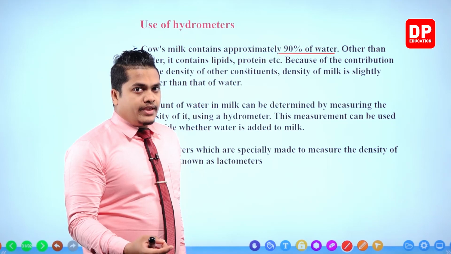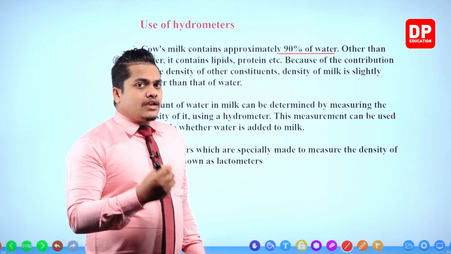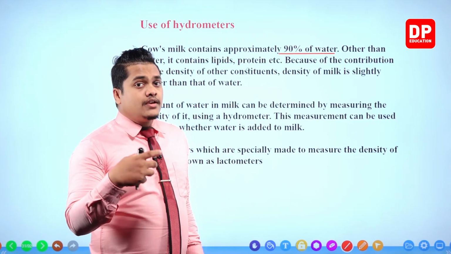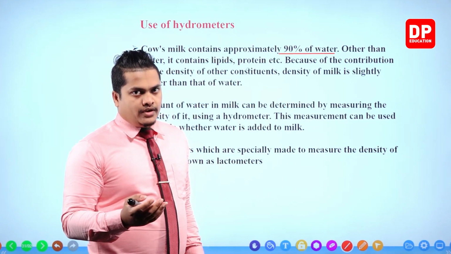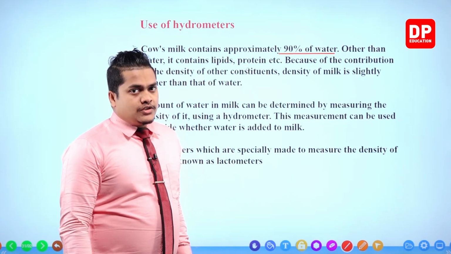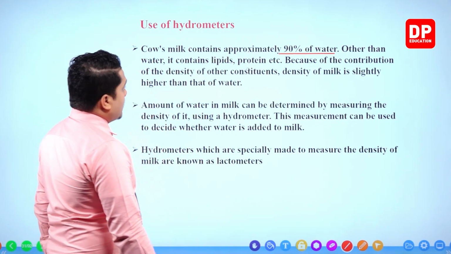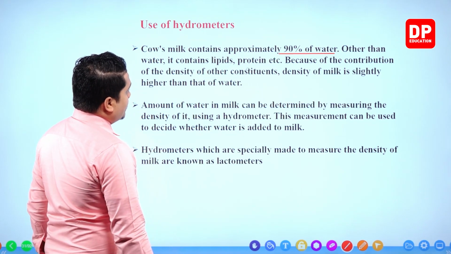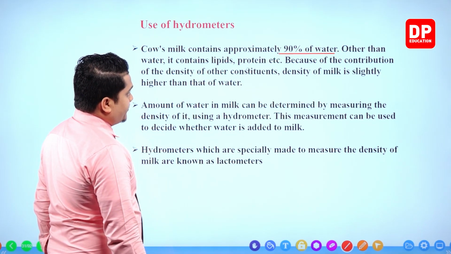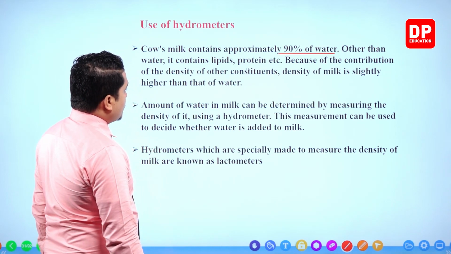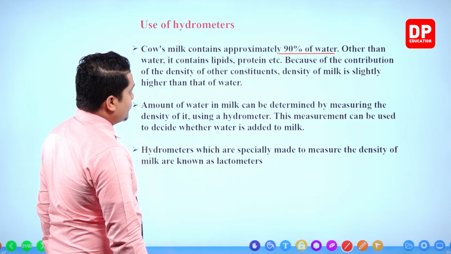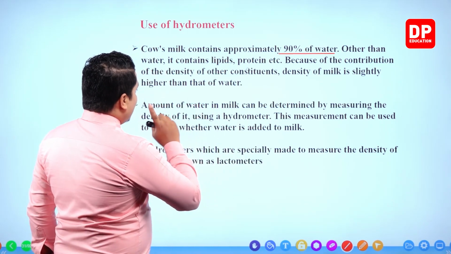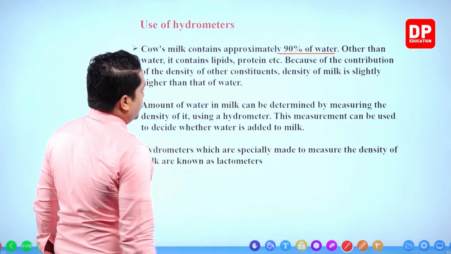By that way, the quality of the milk can be measured. Okay, the quality of the milk can be measured. So here it is given, cow's milk contains approximately 90% of water. Other than water, it contains lipids, protein, etc. Because of the contribution of density of other constituents, the density of milk is slightly higher than that of water.